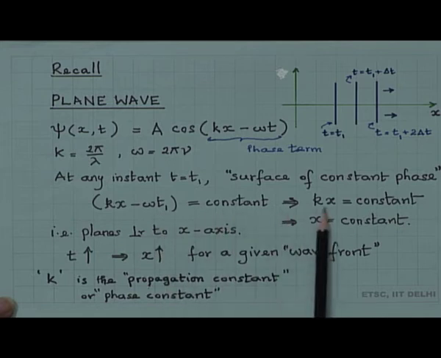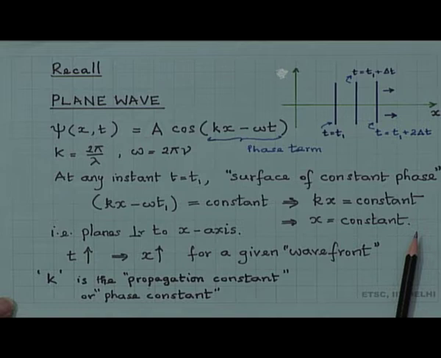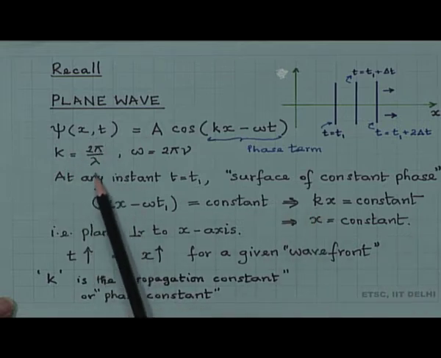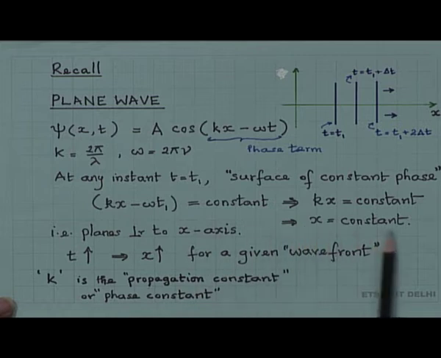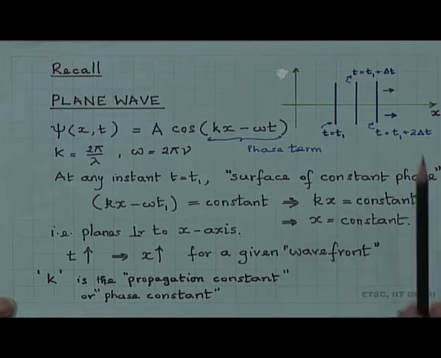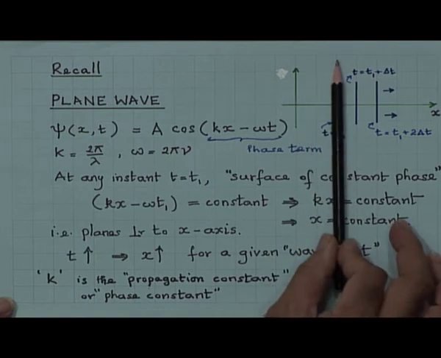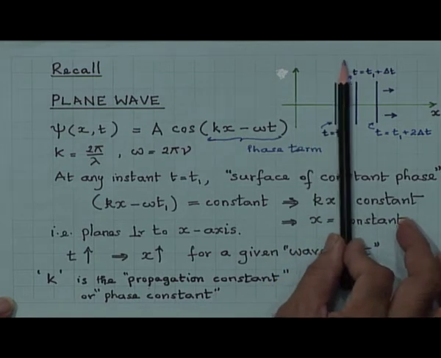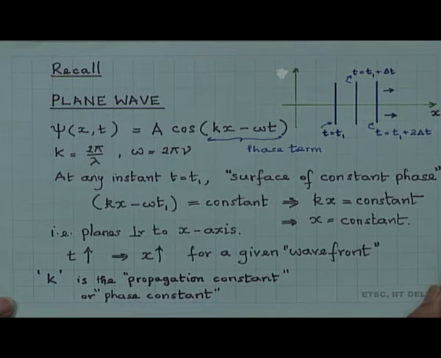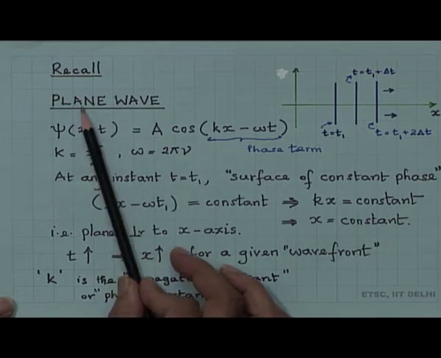So, this implies k x is equal to constant or x is equal to constant, because for the given wave k is equal to 2 pi by lambda, a constant, and therefore x equal to constant represents surfaces of constant phase. If we plot x equal to constant, they are planes which are perpendicular to the x axis, and that is why it is a plane wave.